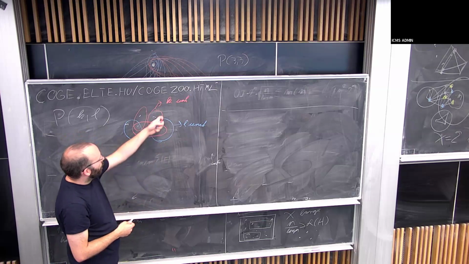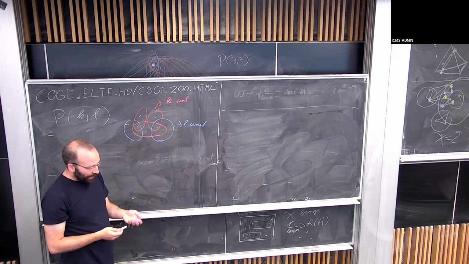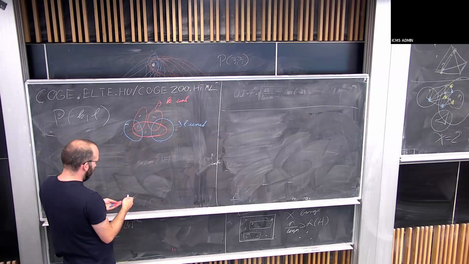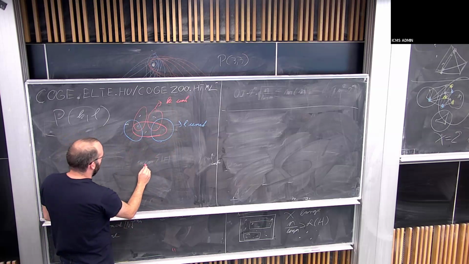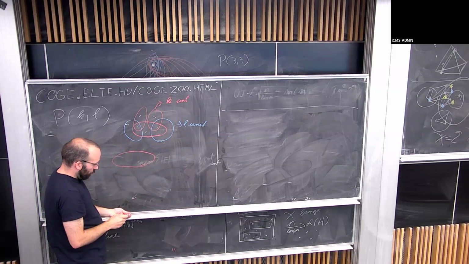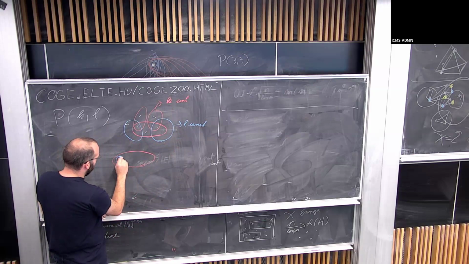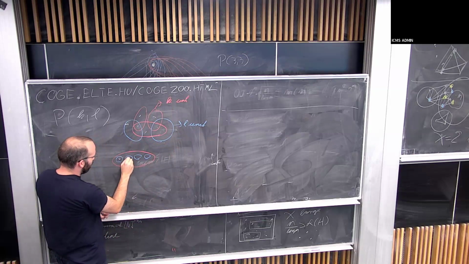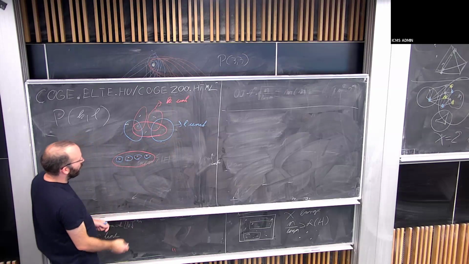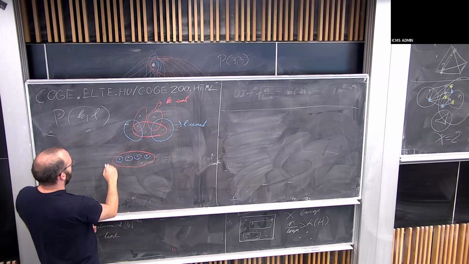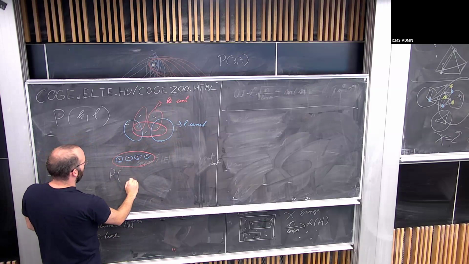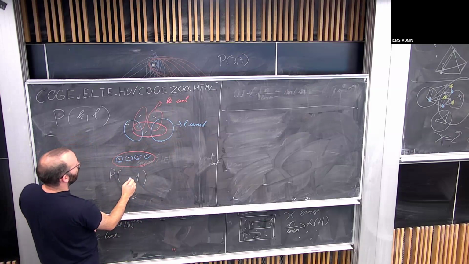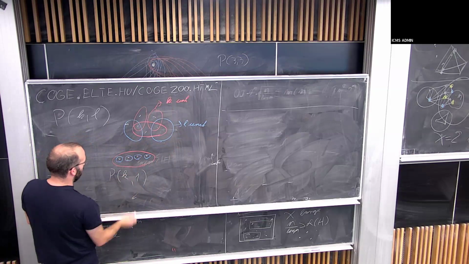Well, for small k and small l, it's easy to define this hypergraph. You just take one red edge and you put these blue edges here. And what is this? This is P_{1,k}, right?